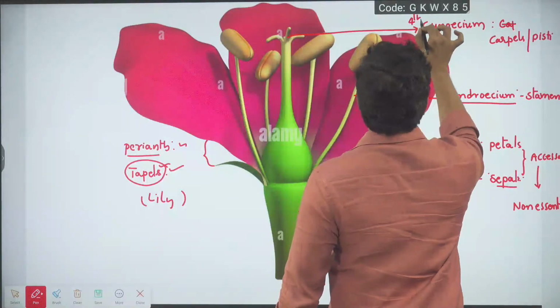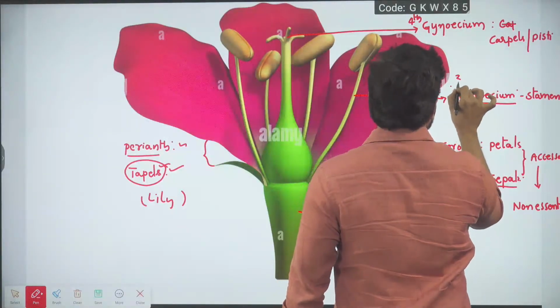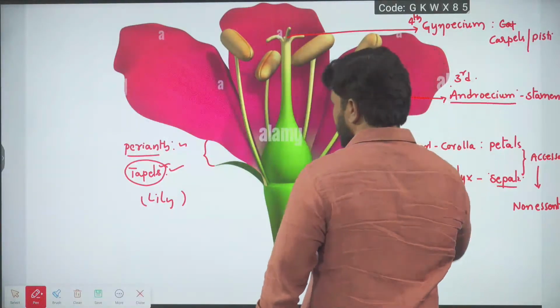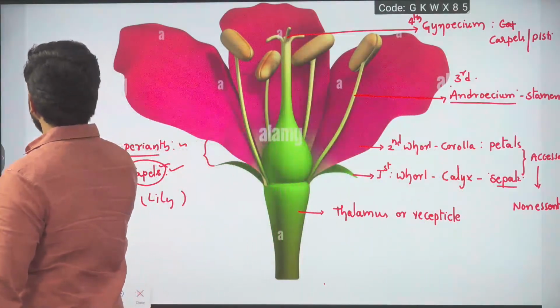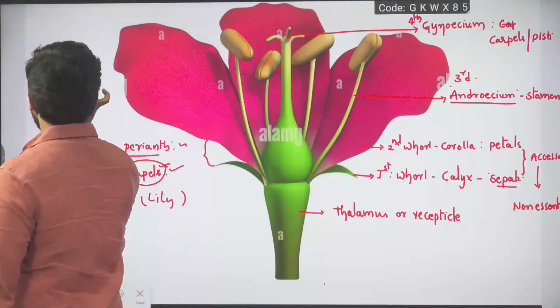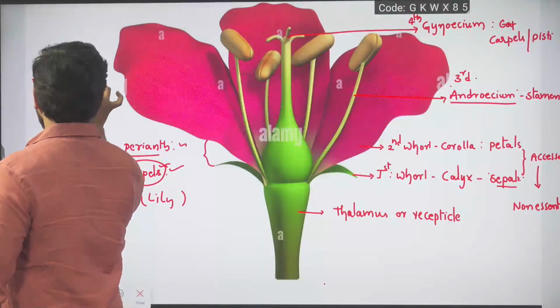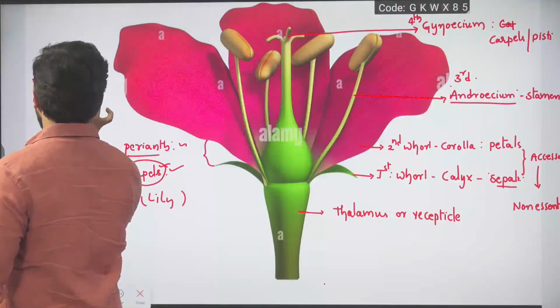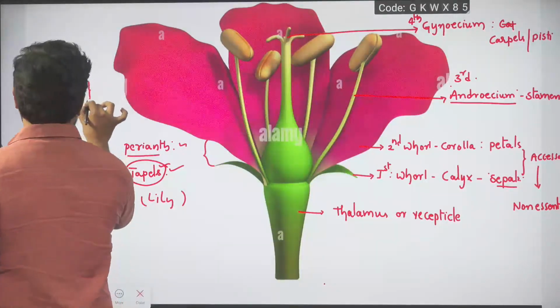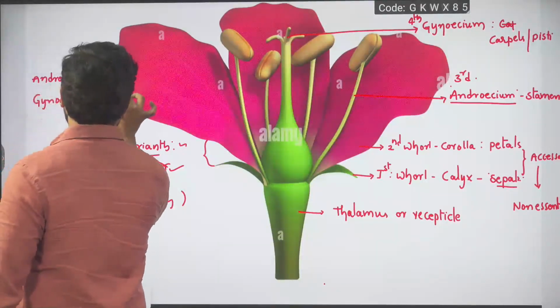Gynoecium, fourth whorl; androecium, third whorl. Androecium and gynoecium together are called essential organs of a flower.